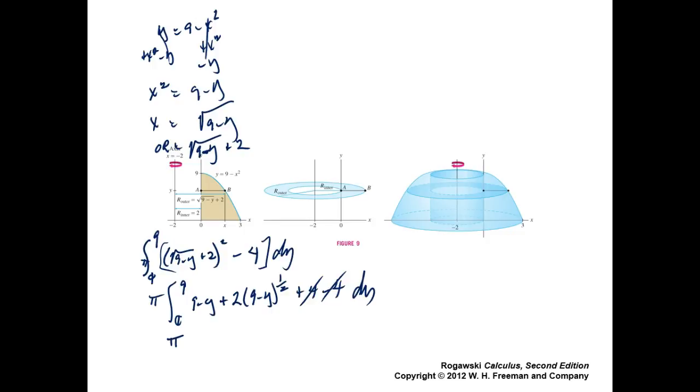Not much you can do except integrate. And what does that give you? 9y minus y squared over 2.